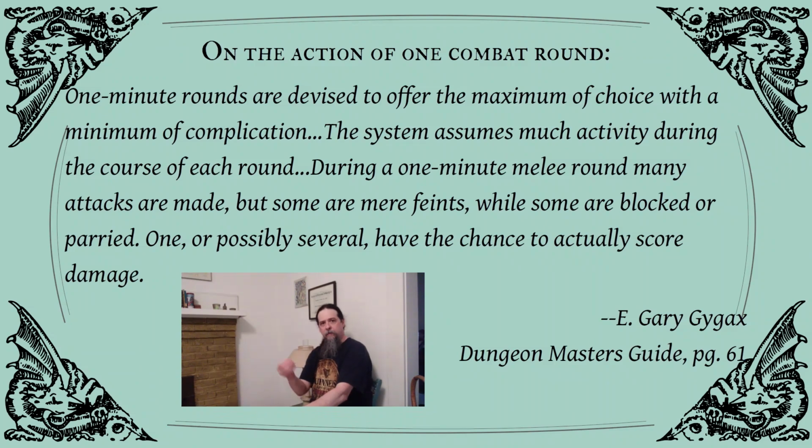And then the number of attacks that you have per round is actually the number of opportunities within that 1 minute combat round that you have to actually do damage.